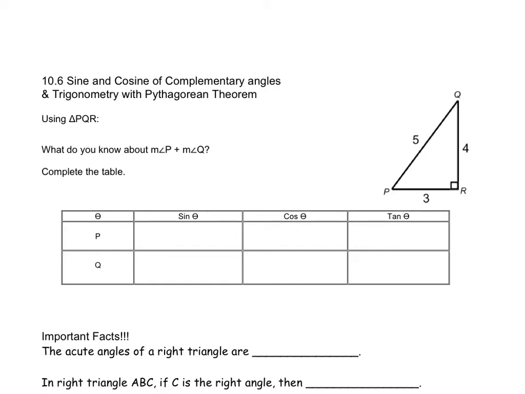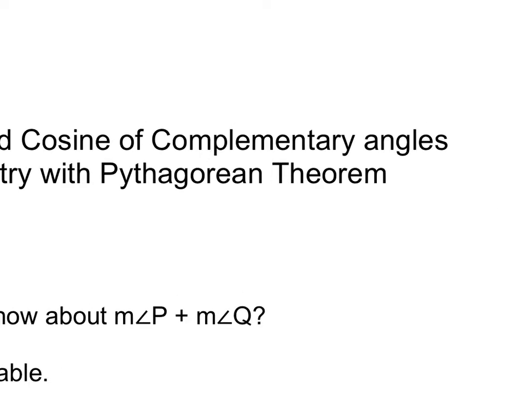Giving you a heads up, this is one of my favorite lessons because it's actually very straightforward. So, for instance, what we are going to be doing today is we're going to be working with complementary angles. And what we know about complementary angles is that they actually add up to 90 degrees. So I'm going to write a quick note saying complementary is 90 degrees.